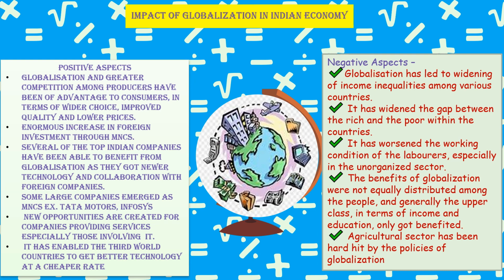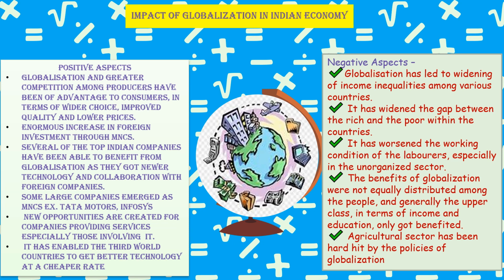Now that we have seen the positive aspects, let's look into some of the negative aspects of globalization. Globalization has resulted in widening the income gap or inequality between the countries. Some countries became richer, some countries became poorer. It has also widened the gap between rich and poor inside the country.